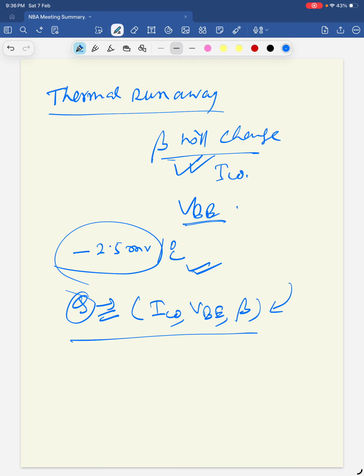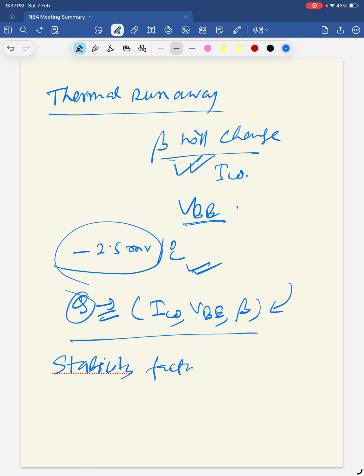So we have some parameters to study the stability, because Q point must not be changing. That means Q point must be stable. How stable the device is, we will calculate with some parameters. That is called the stability factor.